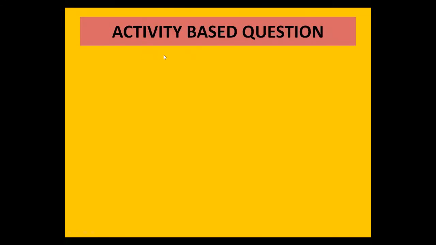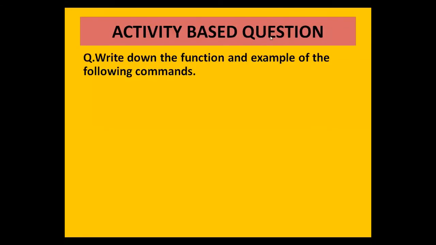After descriptive questions, you will do on the next page. First, write down the heading activity based question, then write down the question: write down the function and example of the following commands.